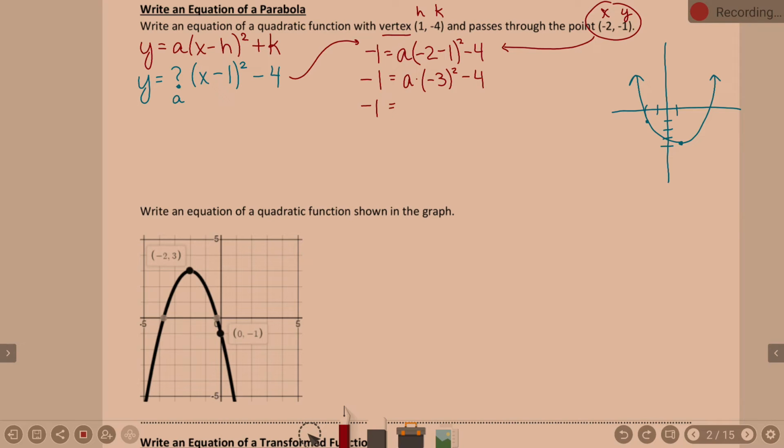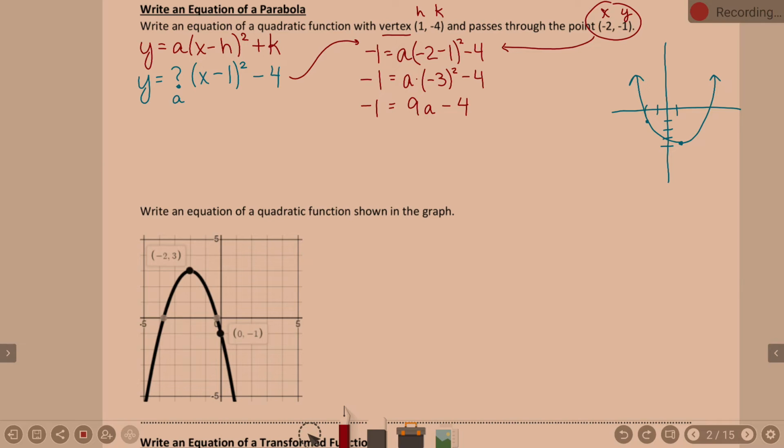What is that 9 combined with? The A. So A times 9 is the same as saying 9A. And I write it like that on purpose, because I don't want you guys to fall into the trap of what to do next. How do I solve for A? Add 4 over, right?